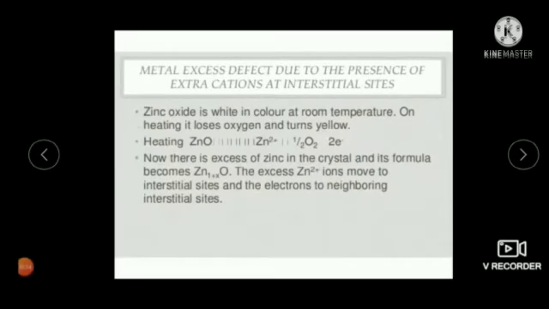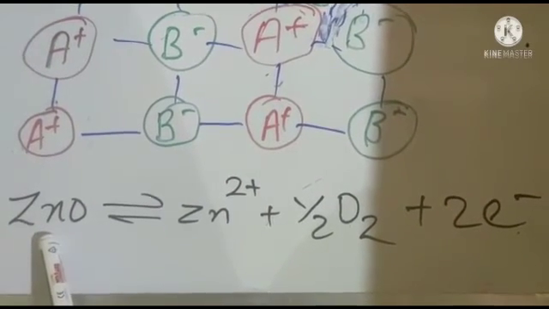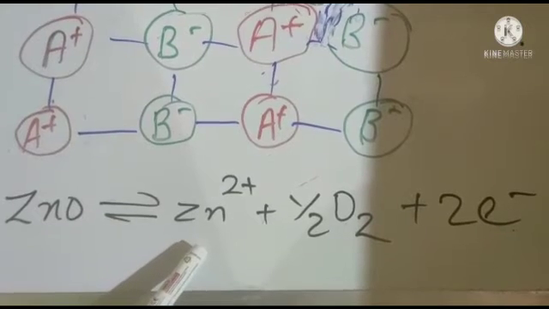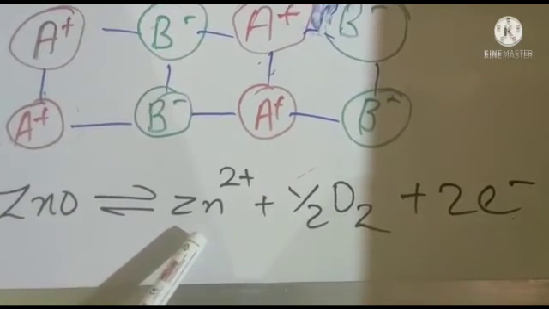For example, when zinc oxide, which is white in color at room temperature, is heated, it loses oxygen reversibly and turns yellow in color. This is the equation.